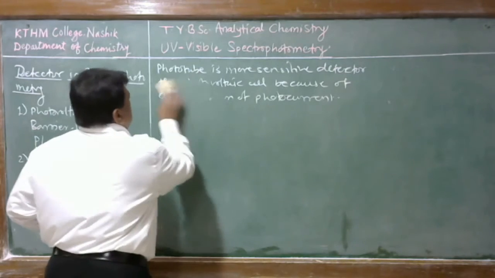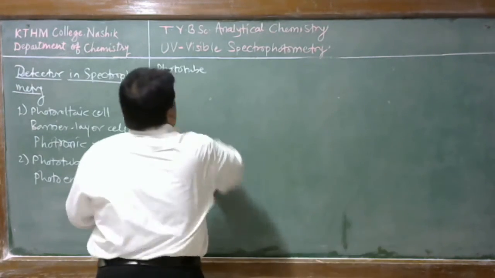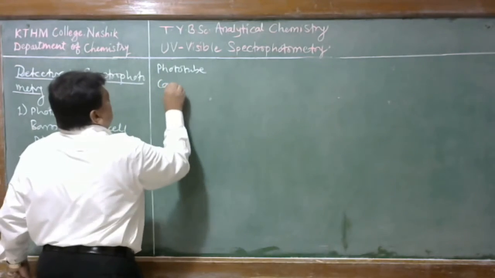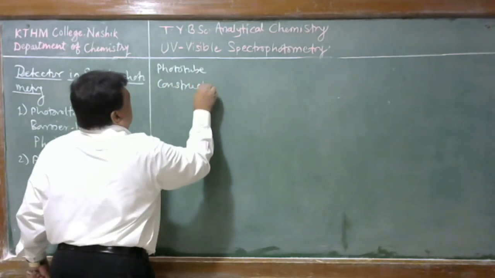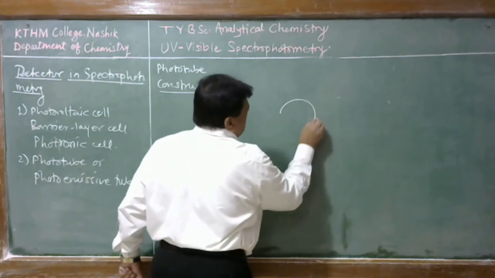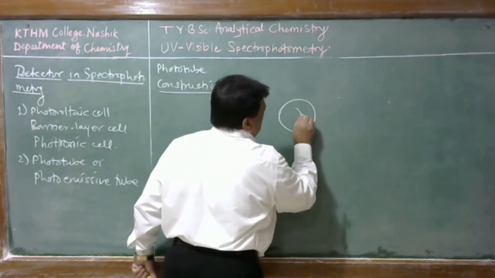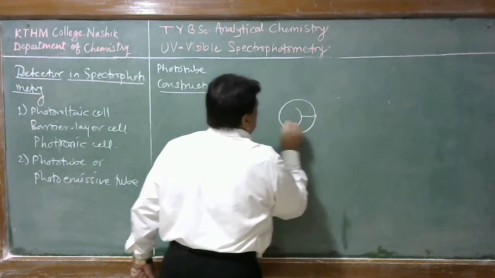Now we discuss the construction of this phototube. Construction: here there is a glass bulb containing a photocathode.